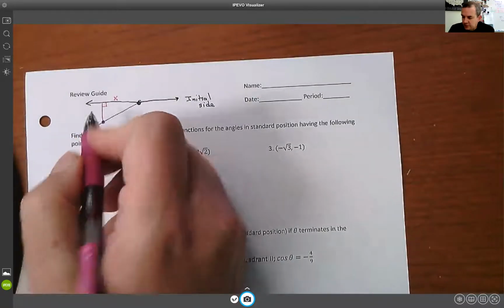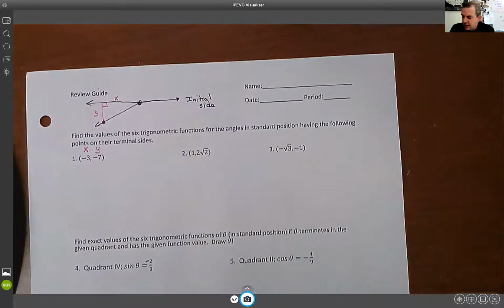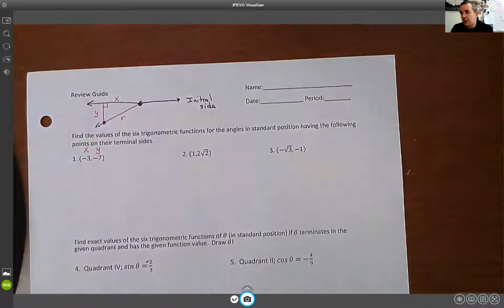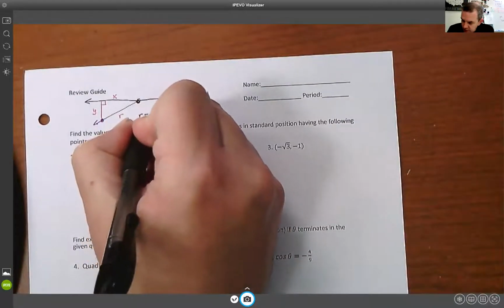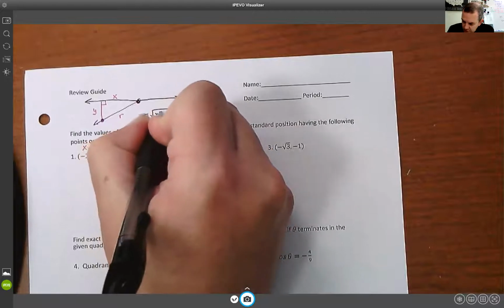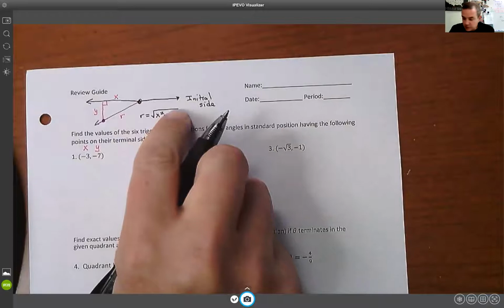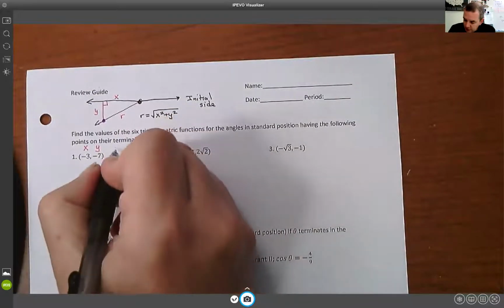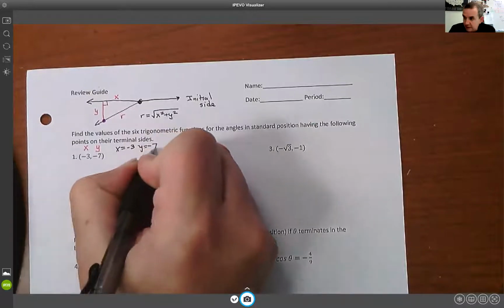The other leg of the right triangle is going to be my Y. It's how far I go down. And what I need to figure out is my R. And the way that we do that is we use the equation R equals the square root of X squared plus Y squared. So in this case, what I want you to do is check and see what X squared plus Y squared is. So, X equals -3, Y equals -7.